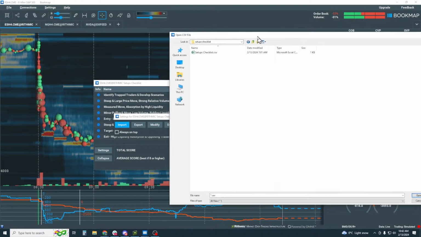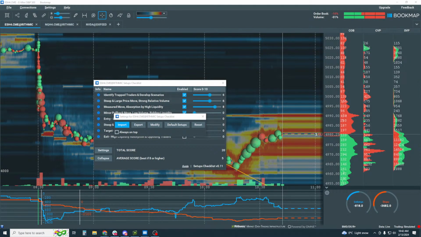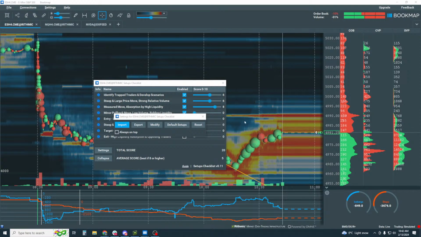It's under setups and checklist. Okay, now I can't find it.